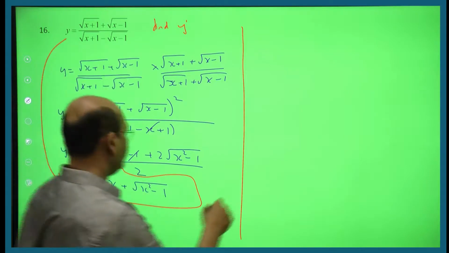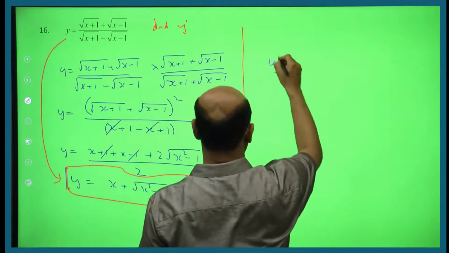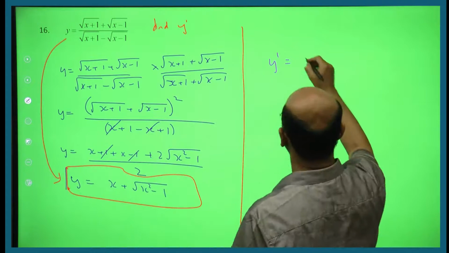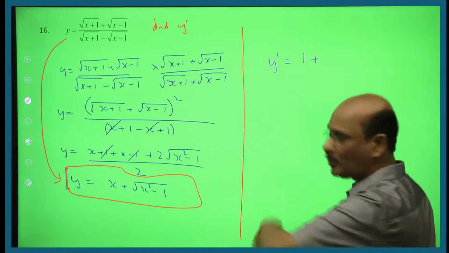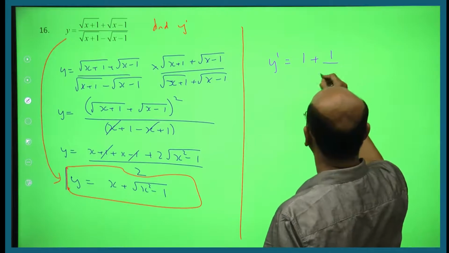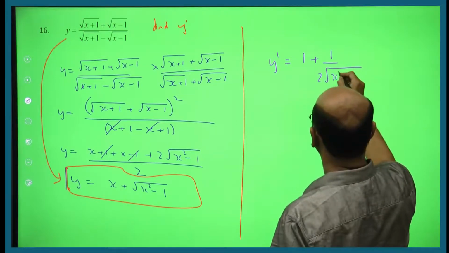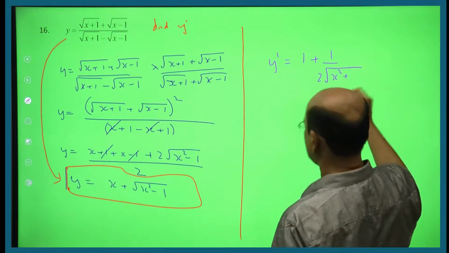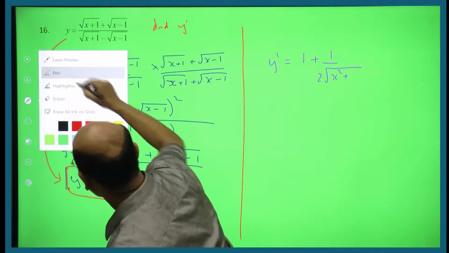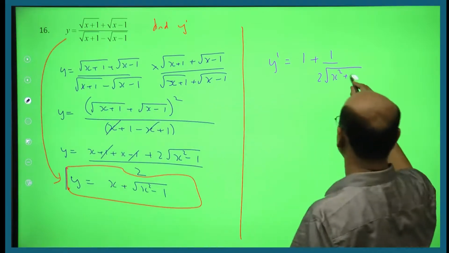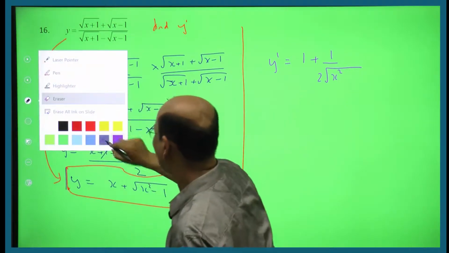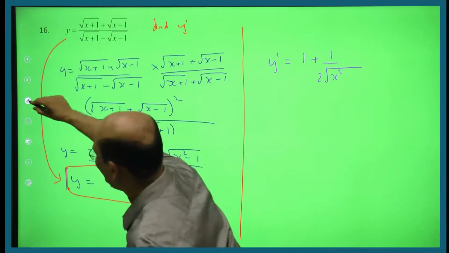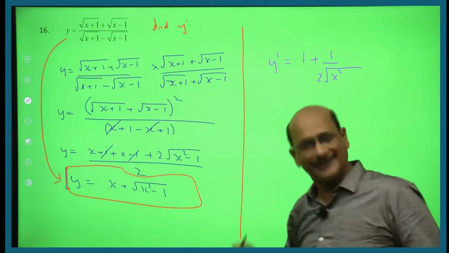What is the derivative? Y dash will be, derivative of x is 1 plus, derivative of root of anything is 1 upon 2 root that thing, minus 1. Oh, sometimes I am also a human being, so some error creeps in.